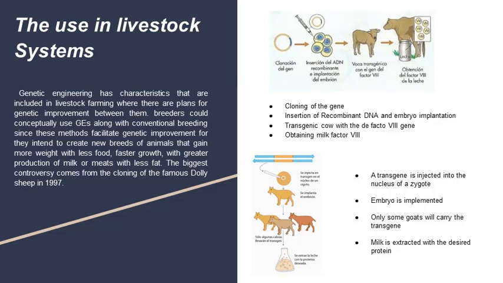The biggest controversy comes from the cloning of the famous Dolly the sheep in 1997.